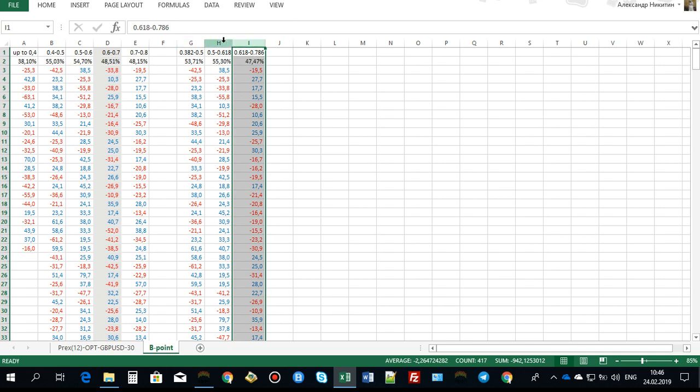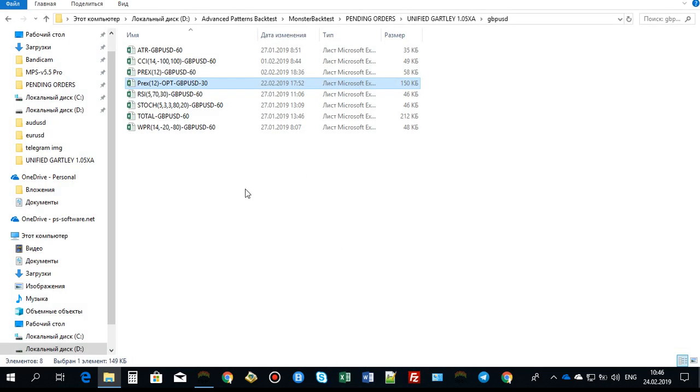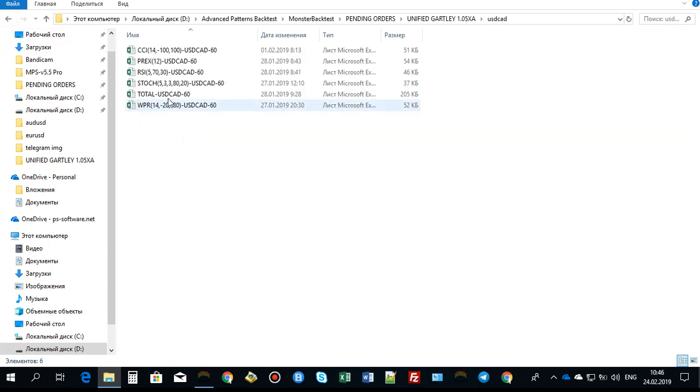So the pound also supports the idea of this deeper B point phenomenon. So the deeper the B point, the more likely the trade will be a continuation trade.